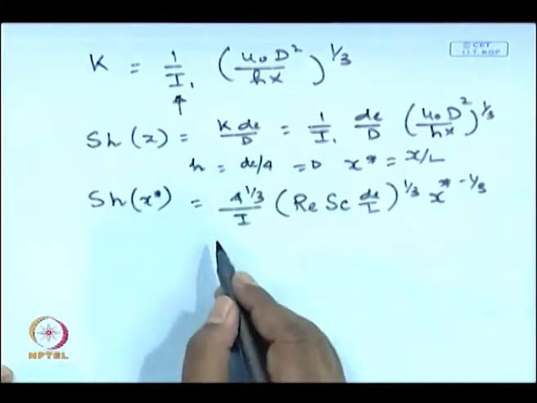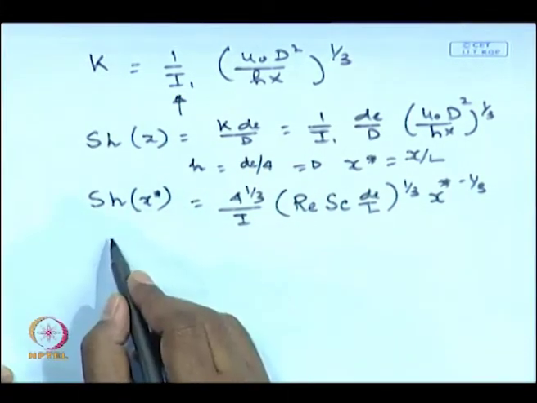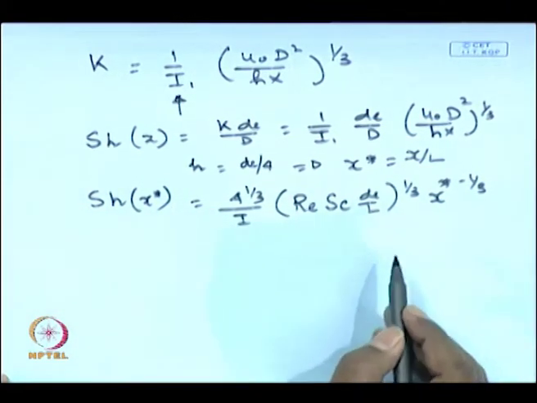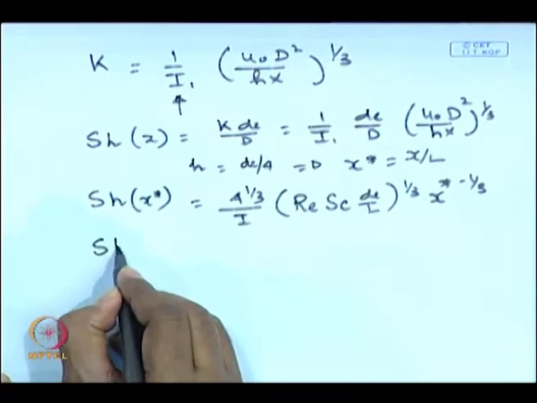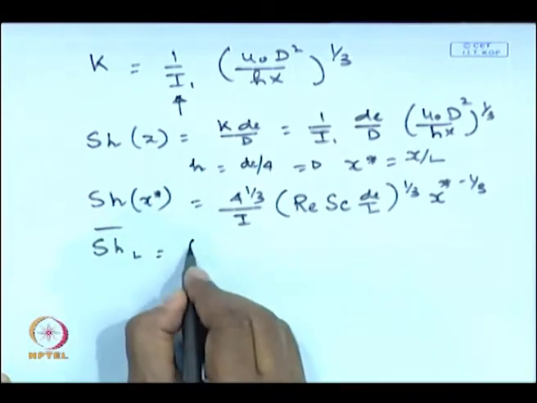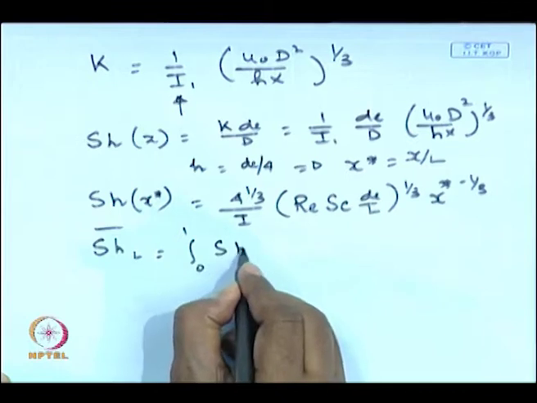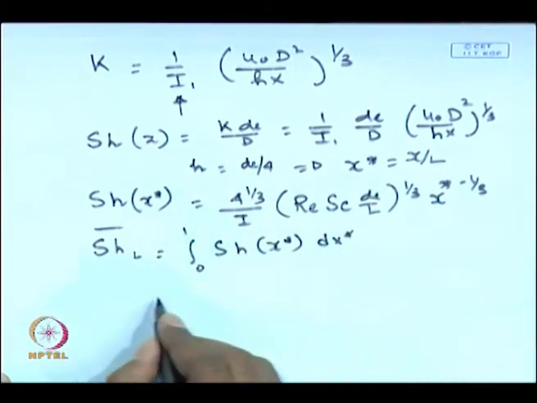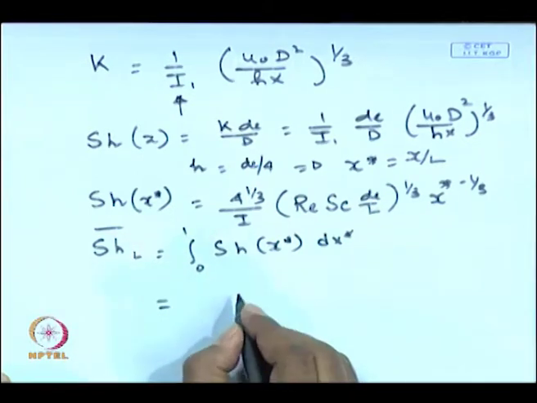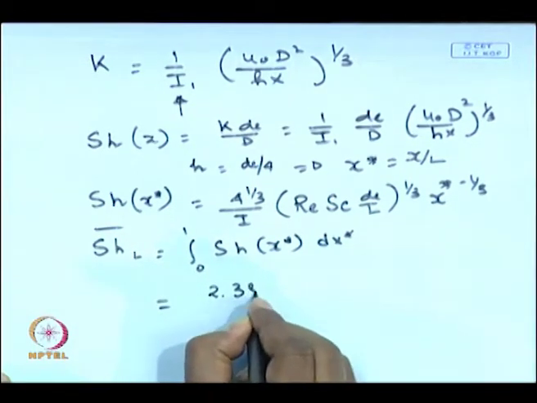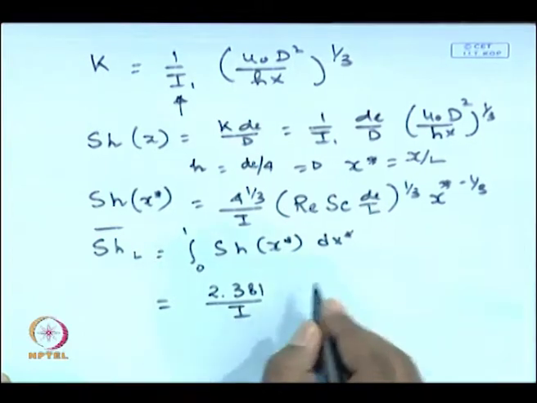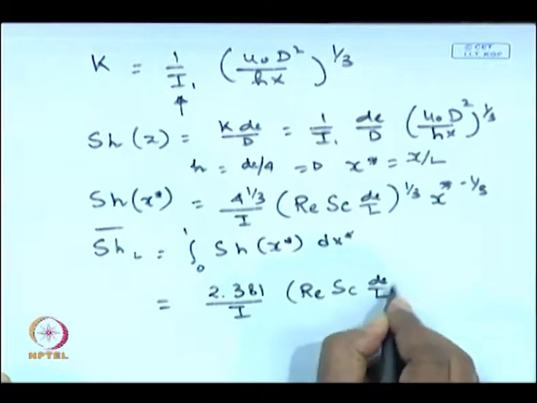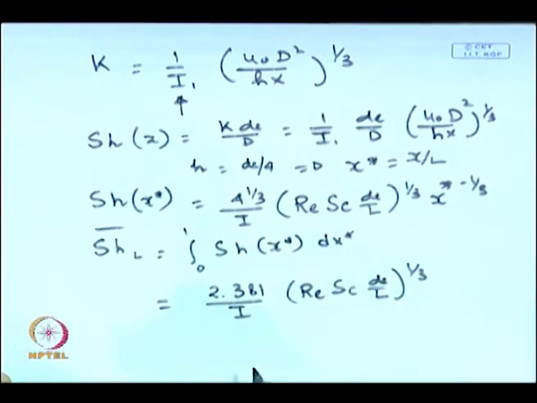So now once you do get the expression of Sherwood number as a function of x star, you will be in a position to get the length average Sherwood number. What is it? Integration 0 to 1 Sh(x star) dx star. Once you carry out this integration, the whole integration turns out to be 2.381 divided by I times Reynolds-Schmidt d by L raised to the power 1 upon 3.